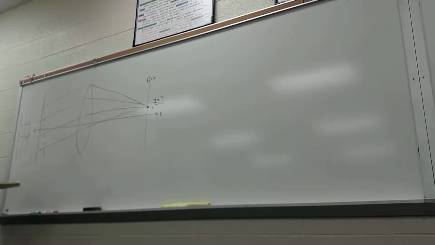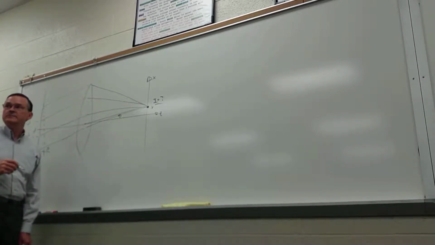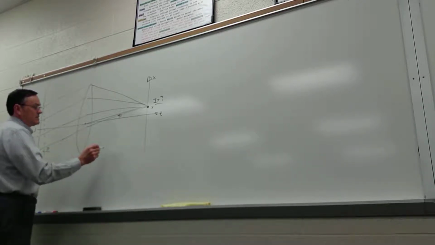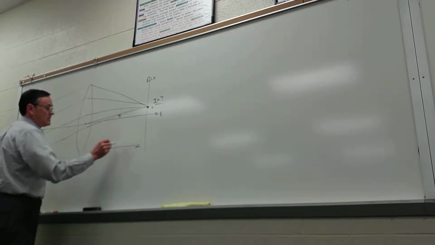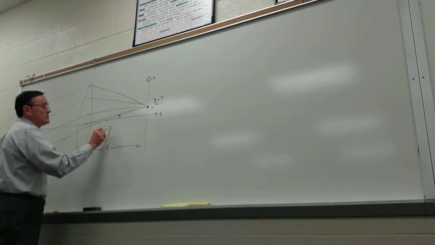And then we said, let's write down the fields, recognizing that if this is the angle theta, then we have that, and this is the back focal length of the lens, and theta is about x over f.